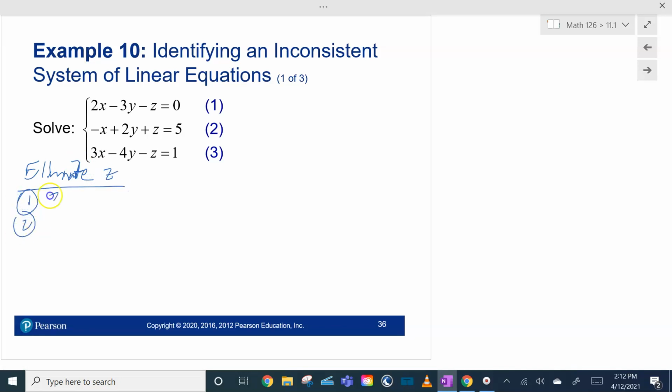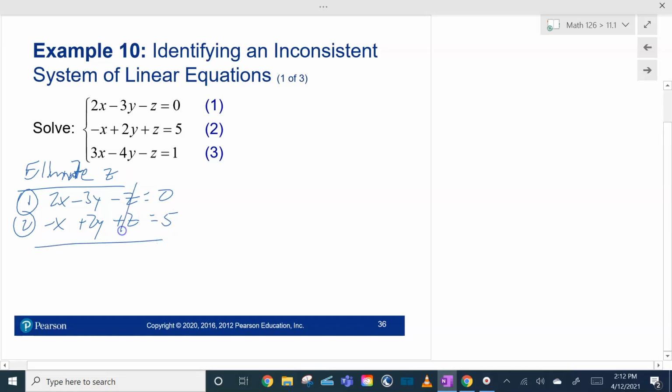It naturally eliminates. So that's gone. I've got x minus y equals 5.